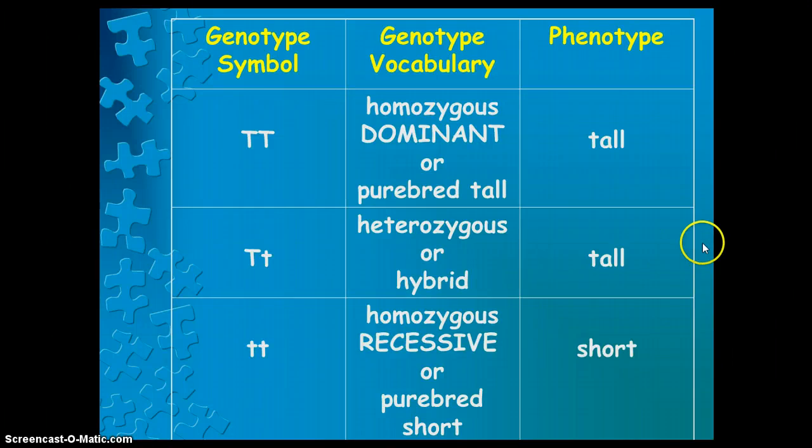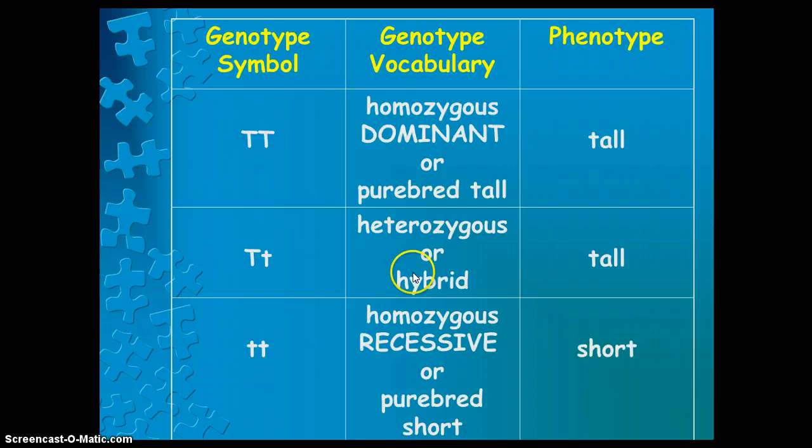So, this is just review from before. We have a big T. That means we have a homozygous dominant or purebred tall. That means that the big T is dominant because we use capital letters to represent dominant, and it's tall.